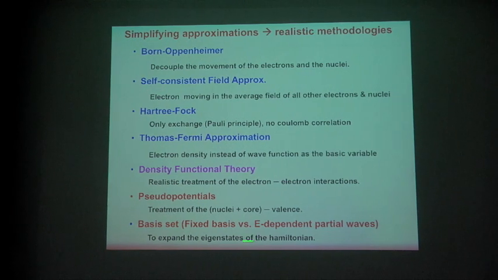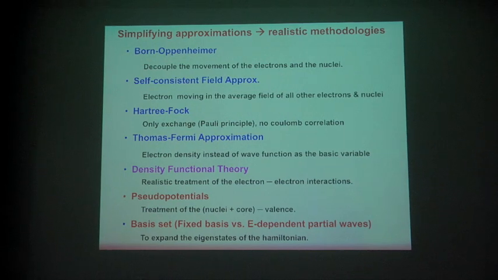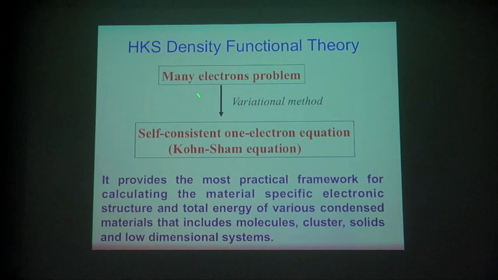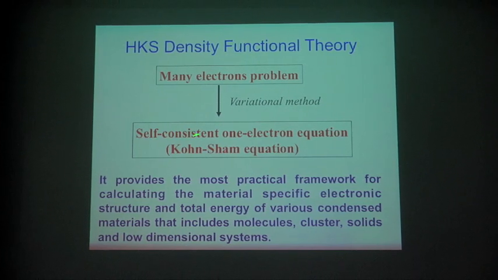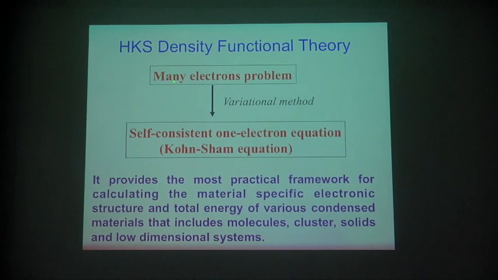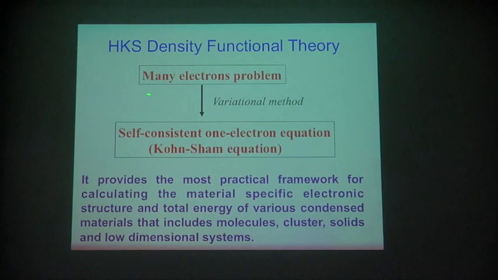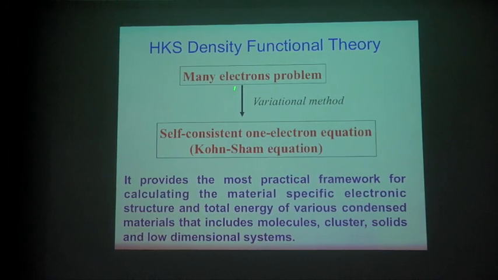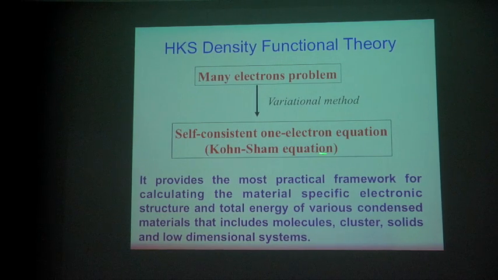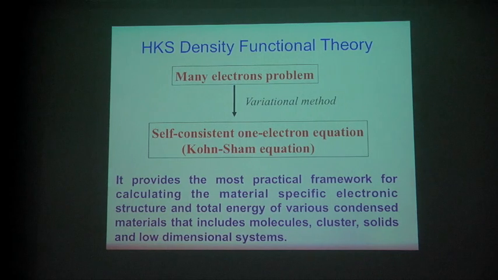So all these approximations are needed for us to handle realistic materials. And by now we can say that we understand, at least to some extent, the Hohenberg-Kohn-Sham density functional theory, where the true many electron problem is mapped onto a self-consistent one electron equation, known as the Kohn-Sham equation, via a variational method.